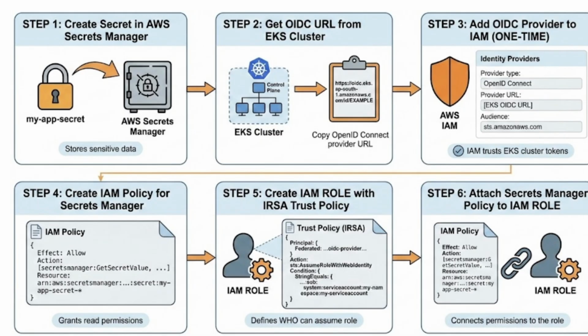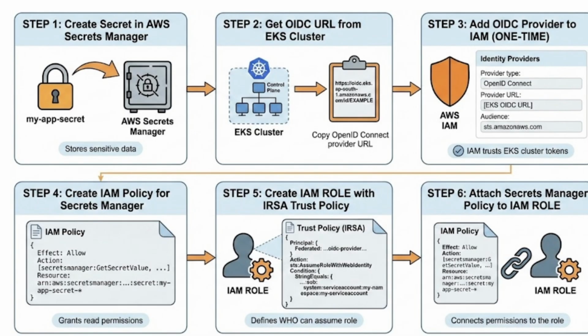So you know what a principal section is. The principal section mainly corresponds to who is assuming this role. So what do we need to add over here? It is the same OIDC URL from the EKS cluster, which means this particular cluster has access to Secrets Manager, which is defined in the policy section. Then we'll attach that policy to the corresponding role.